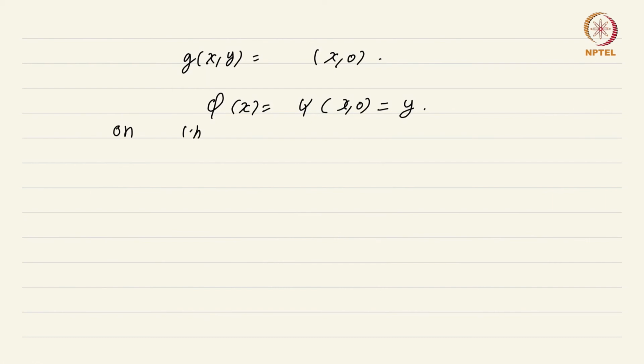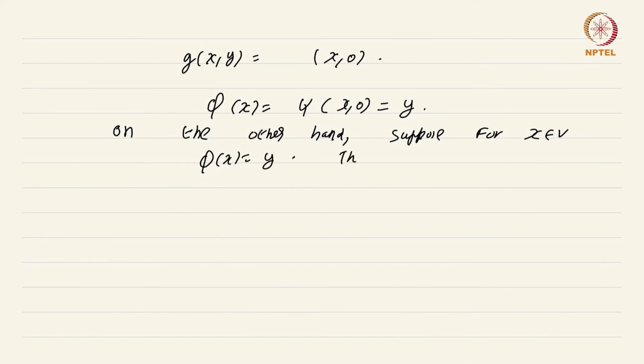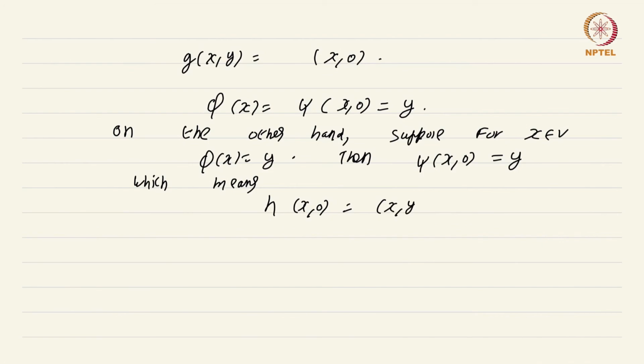On the other hand, suppose for x in V we have phi of x equal to y, then that just means that psi of (x, 0) is y, which means h of (x, 0) is (x, y), which means g of (x, y) is (x, 0), which means f of (x, y) is 0 as required.